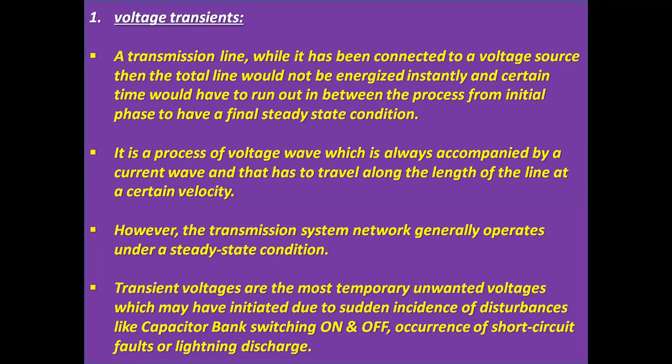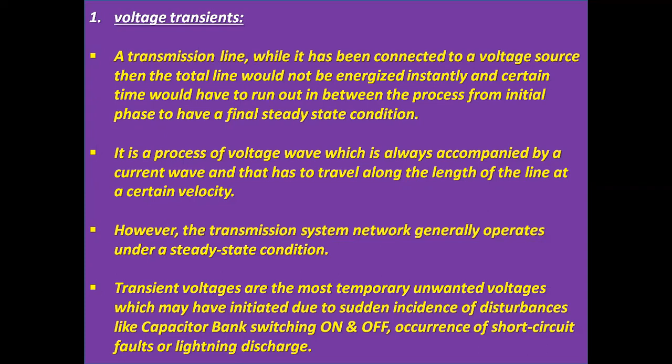It is a process of voltage wave which is always accompanied by a current wave, and that has to travel along the length of the line at a certain velocity. However, the transmission system network generally operates under a steady state condition.